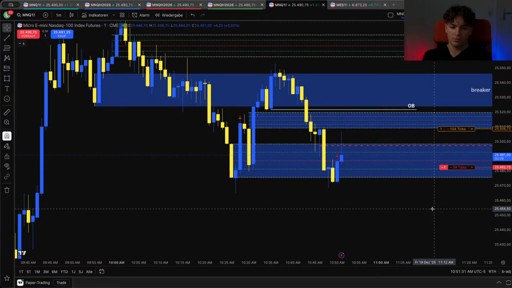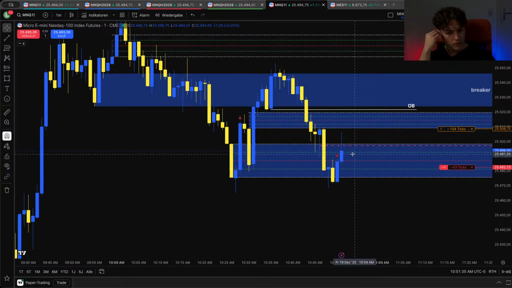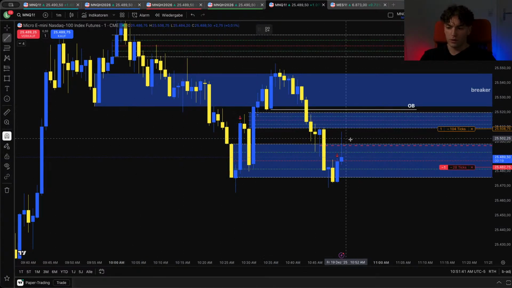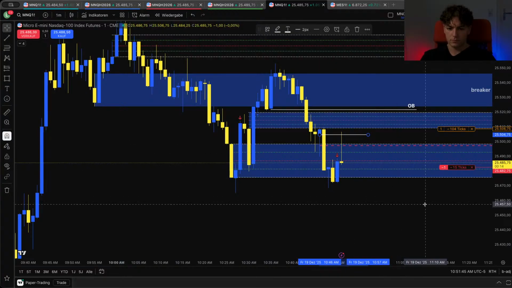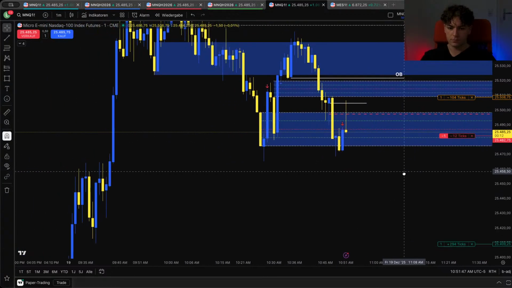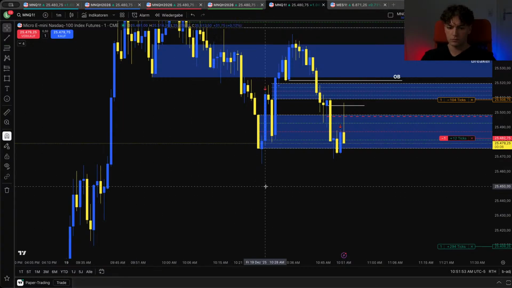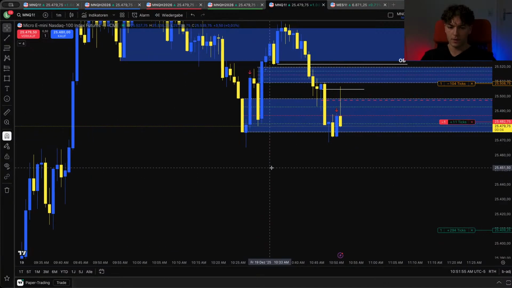Okay, I want to see price roll over now. The next candle should close a roll over. We respected this order block. So yeah, that's what we want to see now.